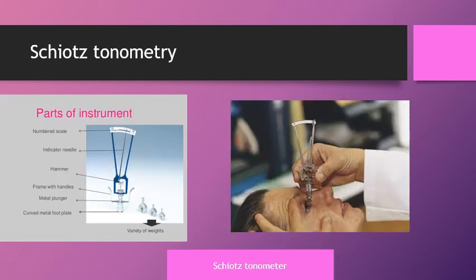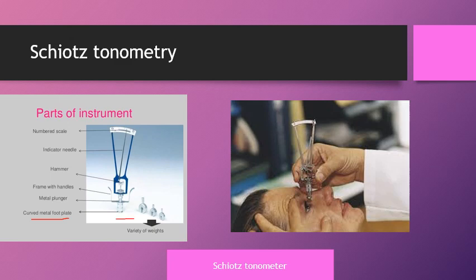The method of measuring IOP using a tonometer is tonometry, and the first method is Schiotz tonometry. The instrument and its parts are shown in the left side figure. First, the metal foot plate, which is placed on the eye.